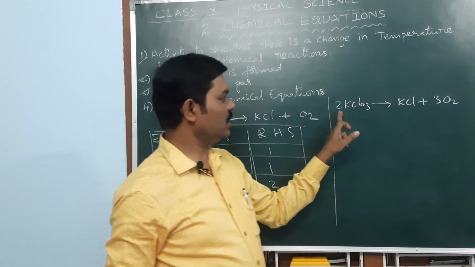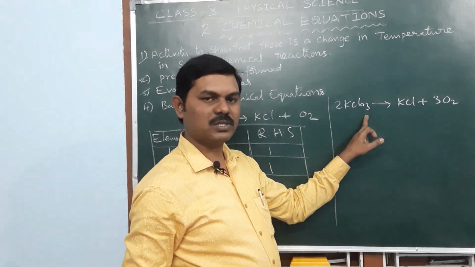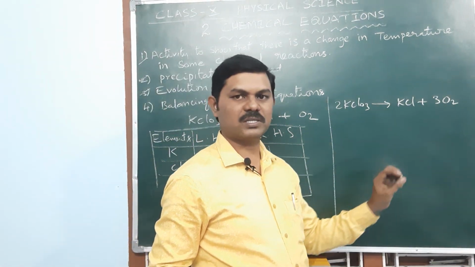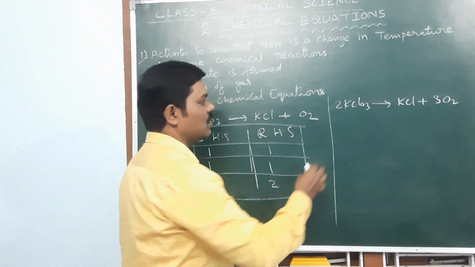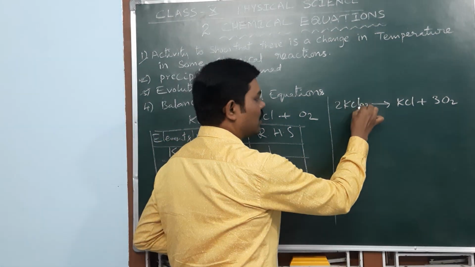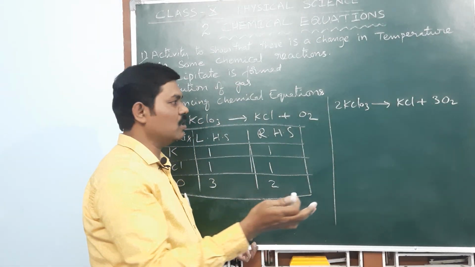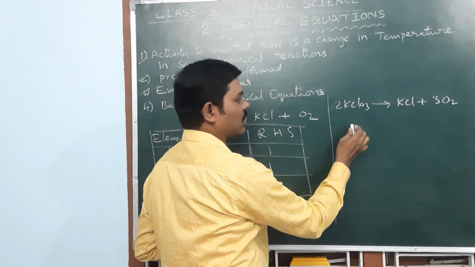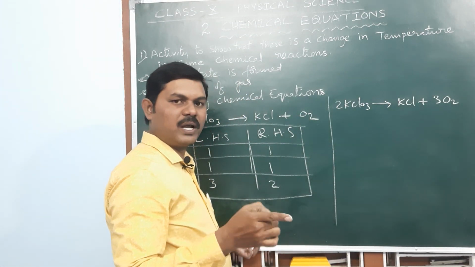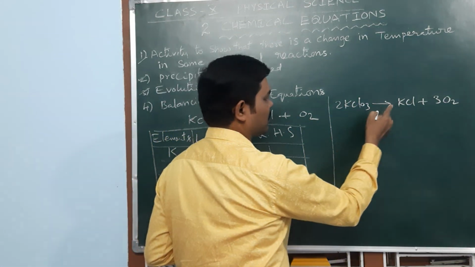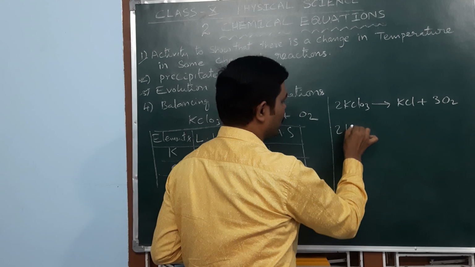So here 2 times 3 is 6 oxygen atoms, and 3 times 2 is 6 oxygen atoms; both are balanced. But for potassium chloride, to balance the potassium and chlorine also, here 2 potassium and 2 chlorine are there, so we have to take 2 as the coefficient for the potassium chloride.